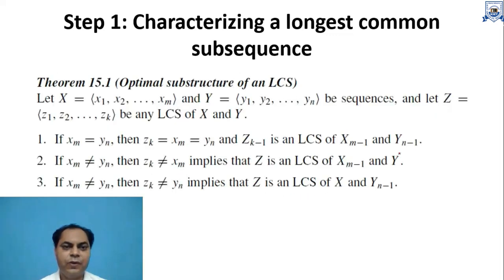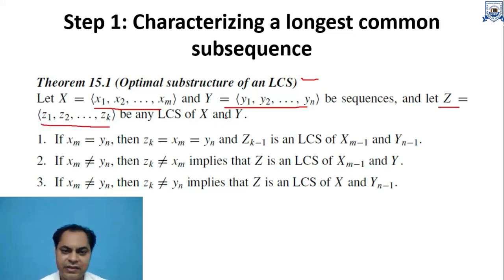Now there is one more important theorem that is very useful while finding the optimal structure. That theorem is 15.1 in Cormen, and as per this theorem, let X = x1 to xm, which means X contains m characters, and Y contains n characters, and the sequence Z, which is common to these two sequences, contains k characters, and let's say it is an LCS.